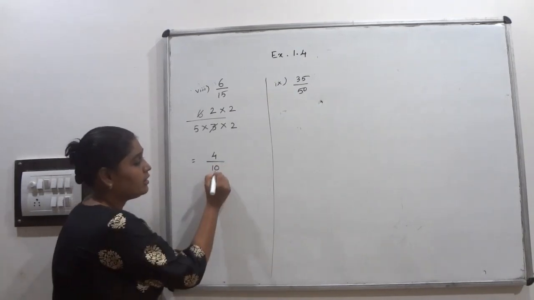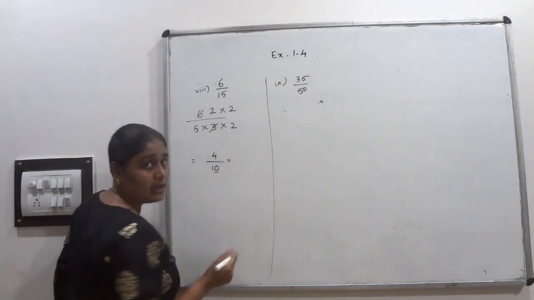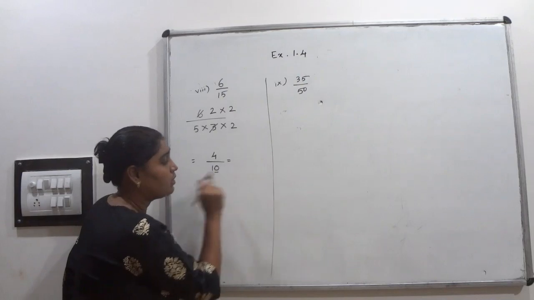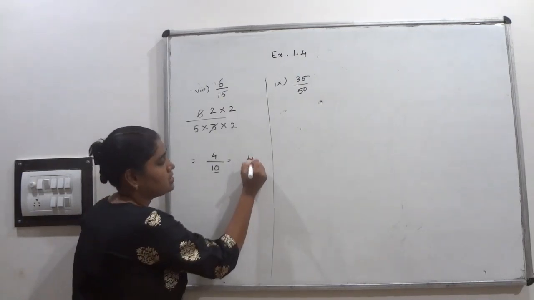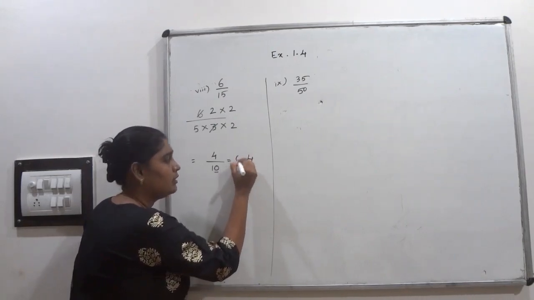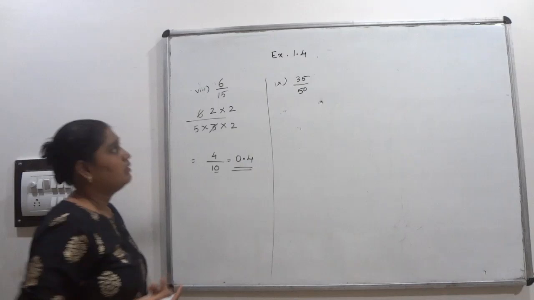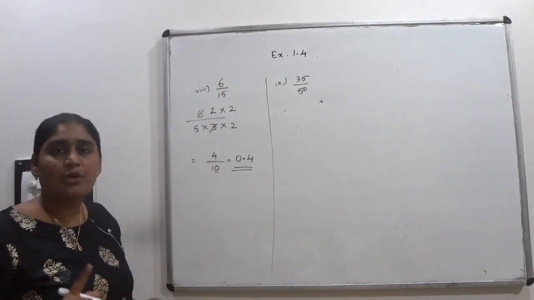In the denominator how many 0 is here? Only 1. So I have to keep 1 decimal point. I have to count only 1 digit from the last and keep the point. See, 4 is there already. Count 1 digit, only 1 digit, and keep the point, that is 0.4. 6 upon 15 has a terminating decimal expansion 0.4.